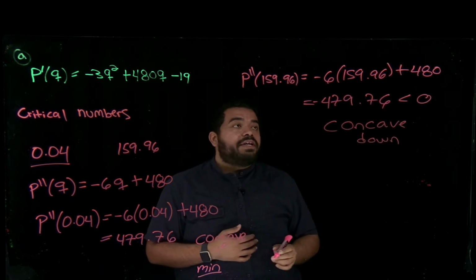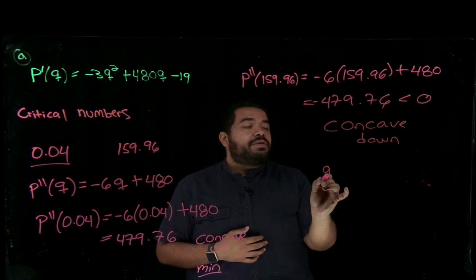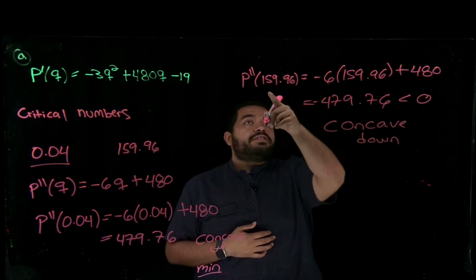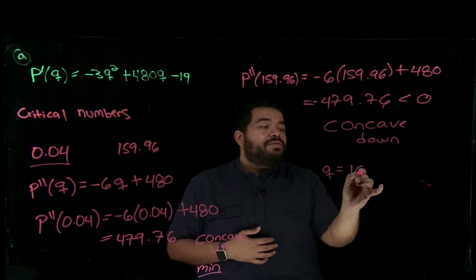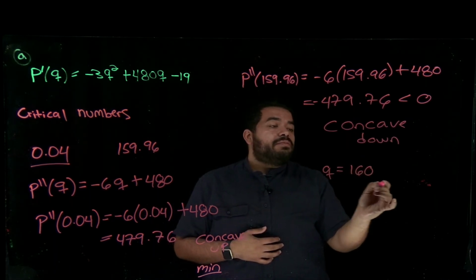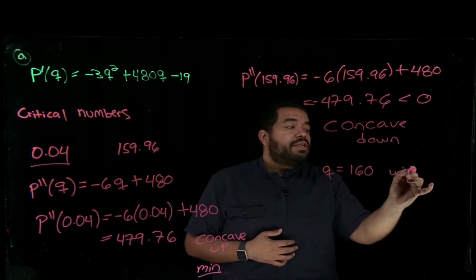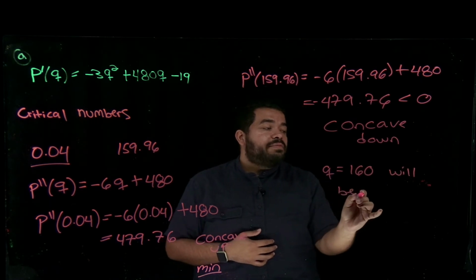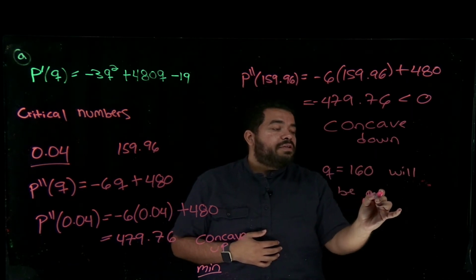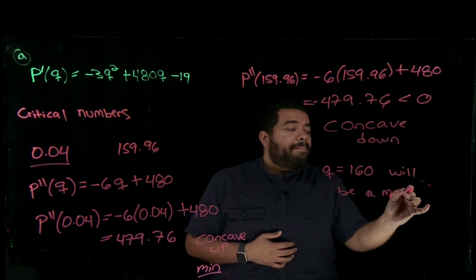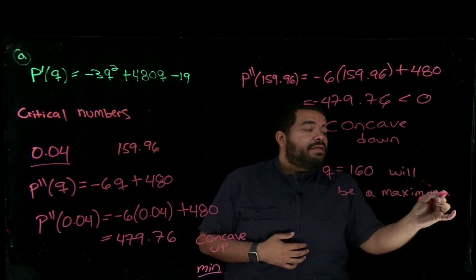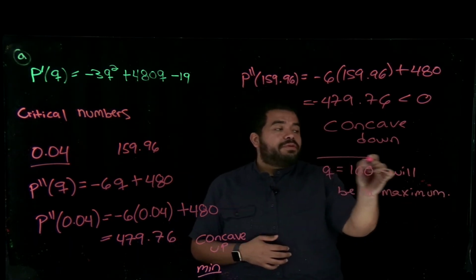And if we have concave down, that will in fact verify that when Q is equal to this number here, we are going to round it to about 160. Here is going to be a maximum, which answers the first part that we were looking for.